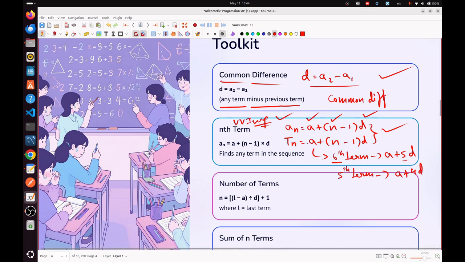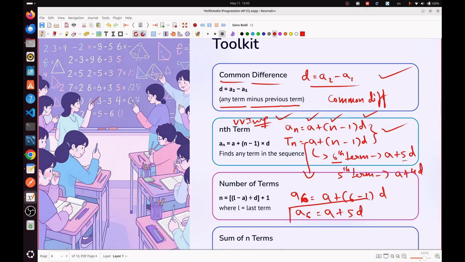If you substitute here, an equal to the sixth term, a6 equal to a plus 6 minus 1 into d, according to this formula you will write like this only, right? What you will get? a plus 5d, right? So this is what I have told, a6 equal to a plus 5d. Wait, I will highlight that one. This is what I have told here. If they ask for the sixth term, a plus 5d. Fifth term, a plus 4d. Similarly, 11th term means a plus 10d, okay? Like that you can write.